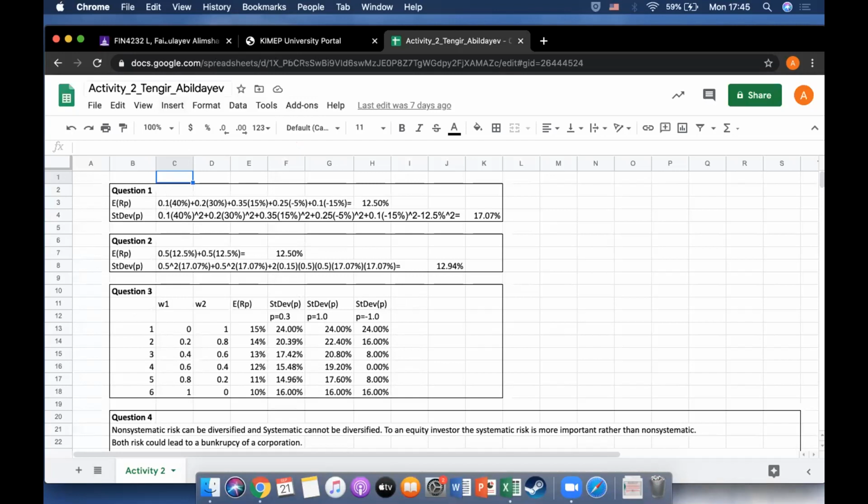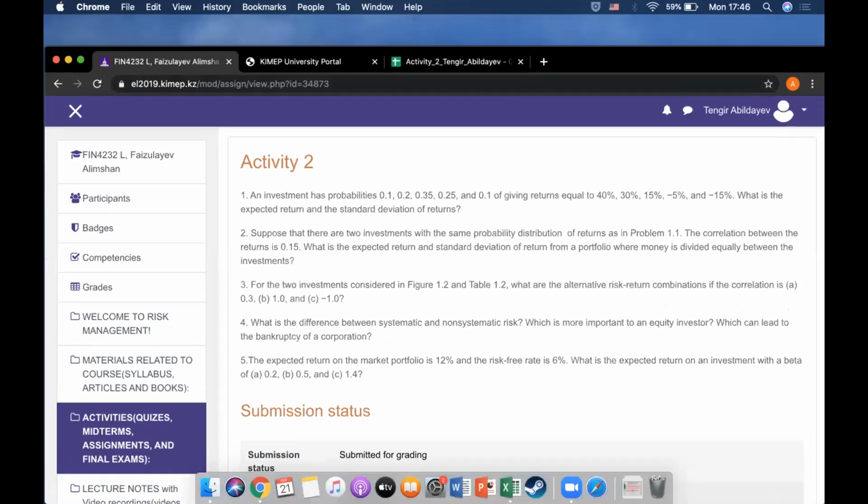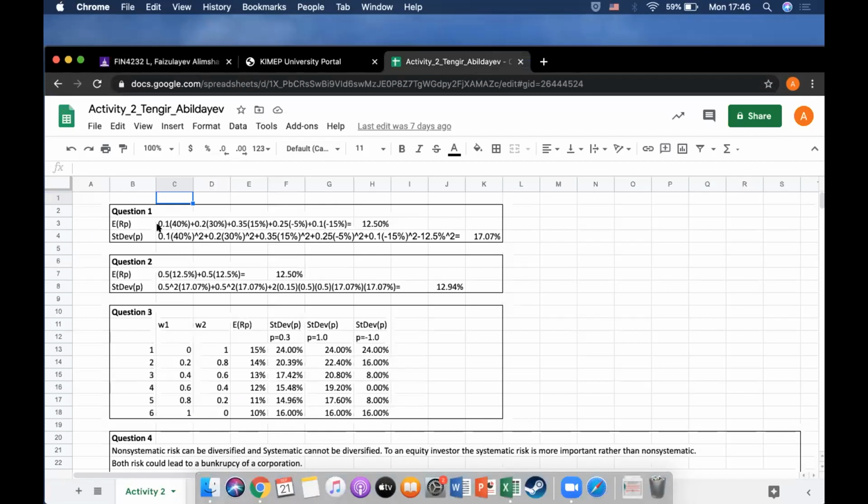We take these probabilities and multiply them by their equal return. So 0.1 multiplied by 40% plus 0.2 multiplied by 30% plus 0.35 multiplied by 15%, etc., and we get 12.50%.